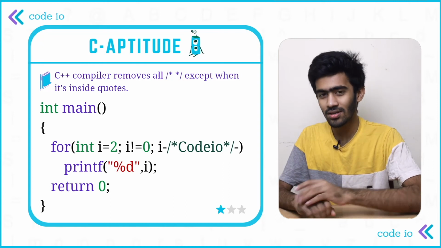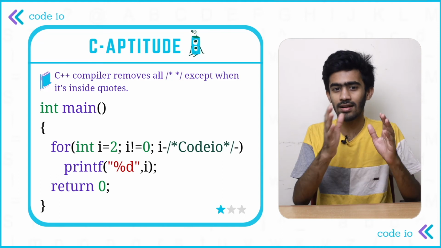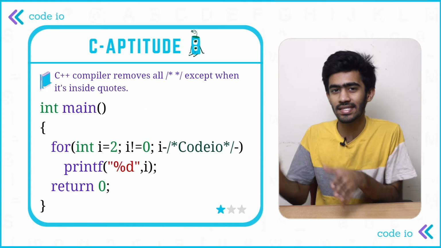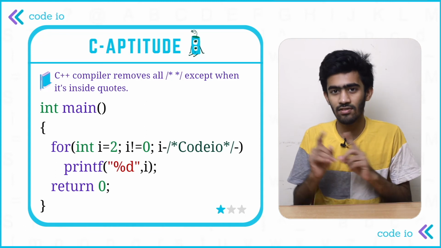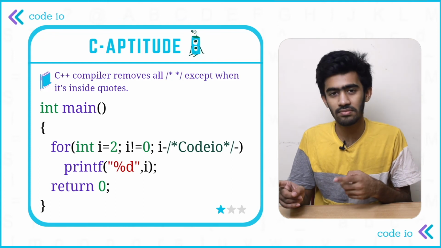Because this minus minus is considered as a single token, but when we give a comment in between them, that affects this unary operator in some way, and hence we will not get the desired output. So this is a catch that we need to keep in mind.